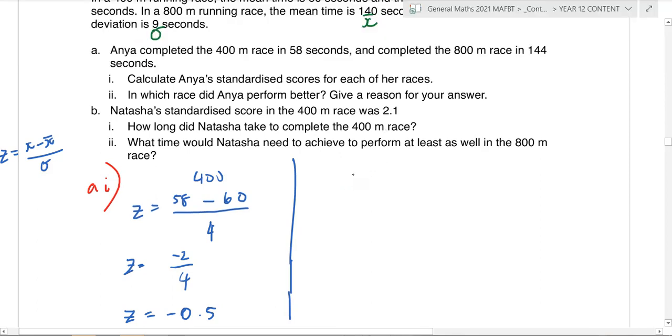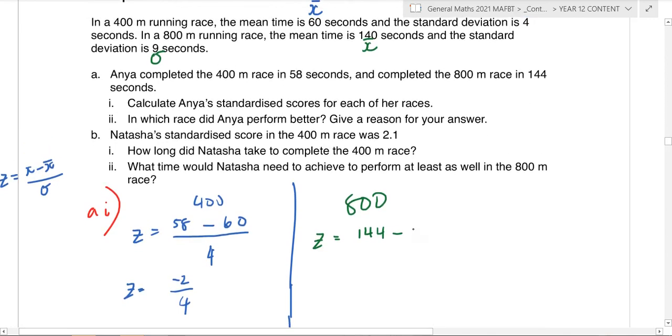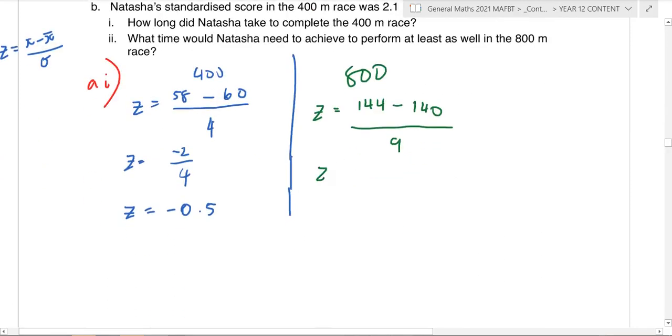Let's do the 800 seconds. Okay, so in 800 seconds, she got 144 for her actual score, and for 800 seconds, the mean time is 140, and the deviation is 9. Okay, let's calculate that. So that will be 144 take away 140, which is 4 over 9.